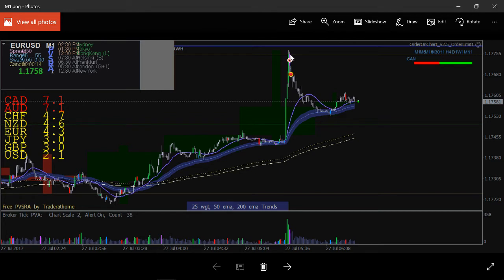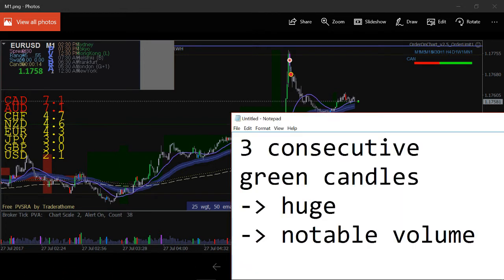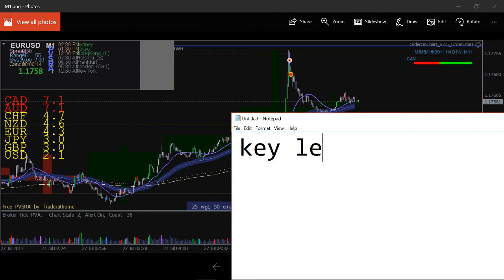So what's the key level here? The key level here is about 1.17750. Let me write to you. So here the key level is 1.17750.